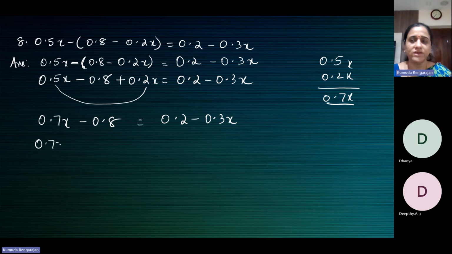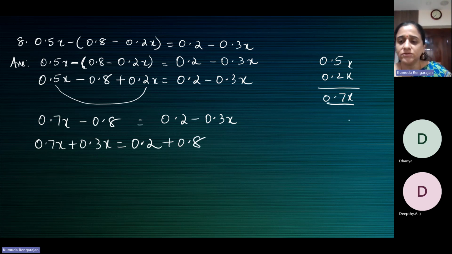So 0.7x minus 0.3x to the left-hand side plus 0.3x is equal to 0.2 minus 0.8 plus 0.2. Correct?